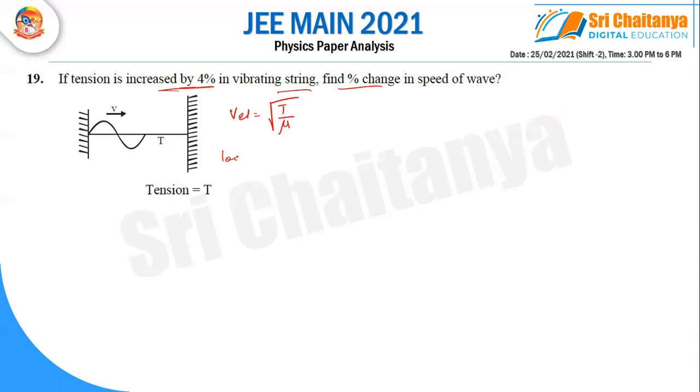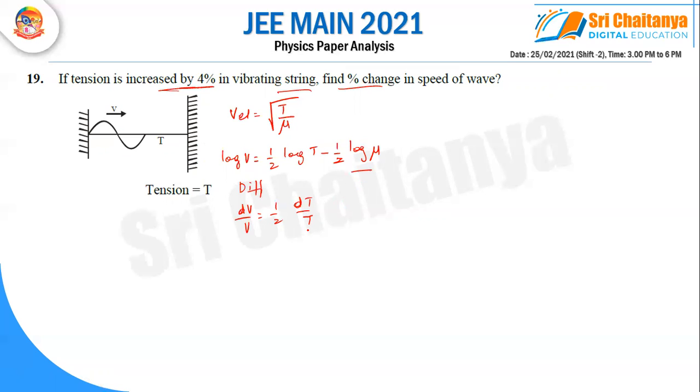So log V is equal to half log T minus half log mu. Differentiate it. So dV by V is equal to half dT by T. Now this is a constant, and the differentiation of a constant will become 0. So I'm not considering this.